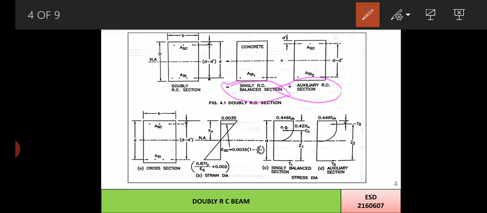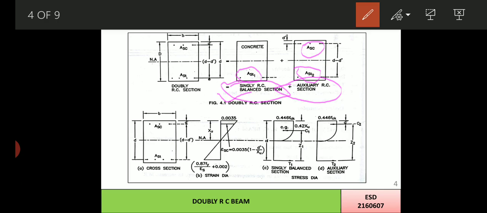Now as we can notice, in case of the singly RC balanced section, reinforcement is provided only in the tension zone, that is denoted by AST1. In case of the auxiliary section, tension reinforcement is again in the tension zone, that is AST2, but what is different is that compression reinforcement is provided in the compression zone, that is ASC.